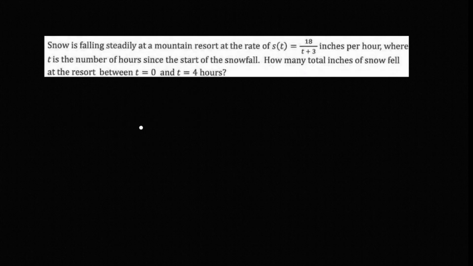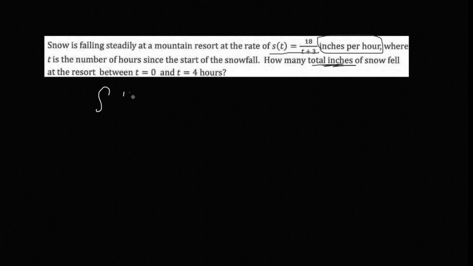So now we have an actual problem, this snow problem. We have this S of t, which represents snow in inches per hour. So we have our rate here, and we need to find how many total inches. We know that you integrate a rate to get the total, so we integrate this S of t function to get the total amount of snow.